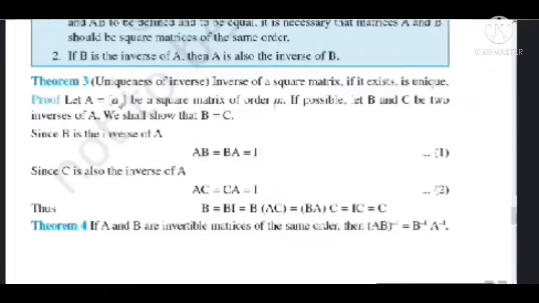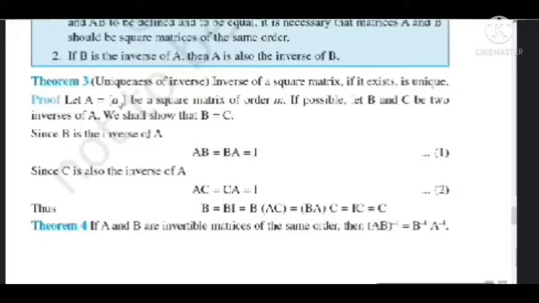If possible, let B and C be two inverses of A. We shall show that B is equal to C. Unique means only one inverse you will get. You cannot get two inverses. So we are considering two inverses of A, that is B and C. Now we have to verify whether B is equal to C or not.